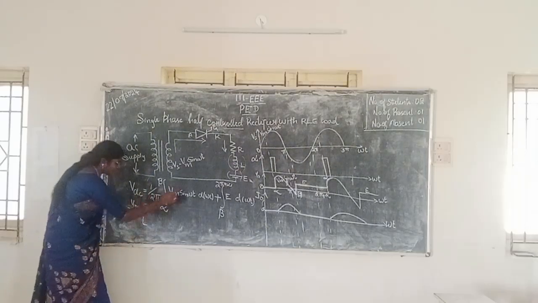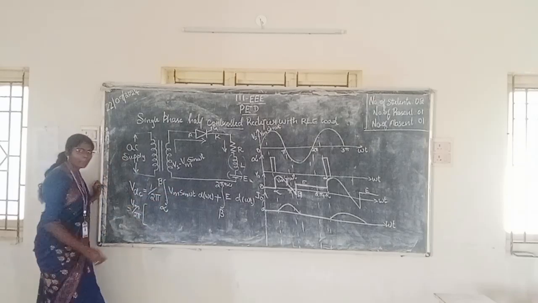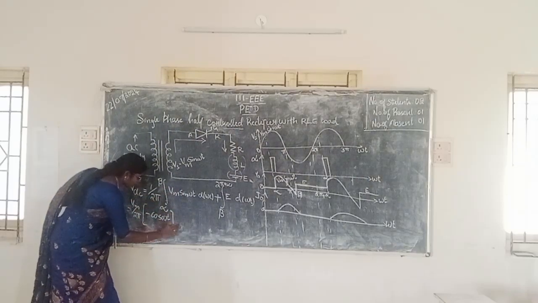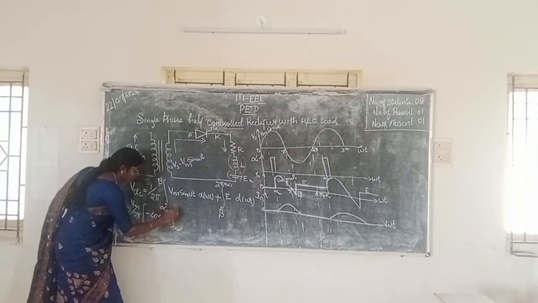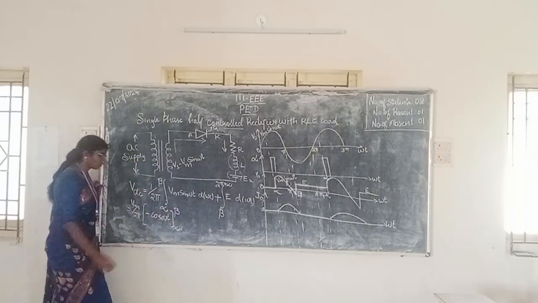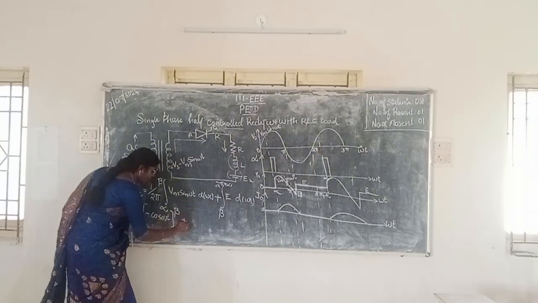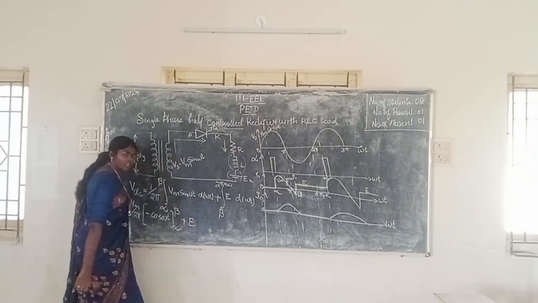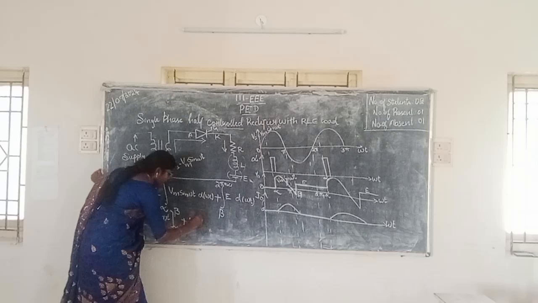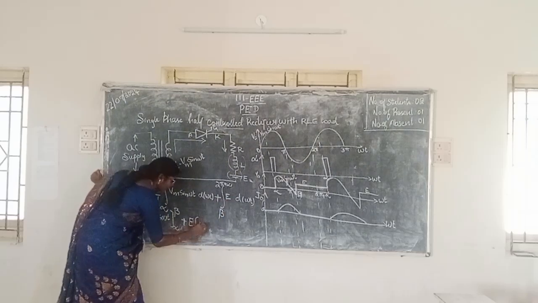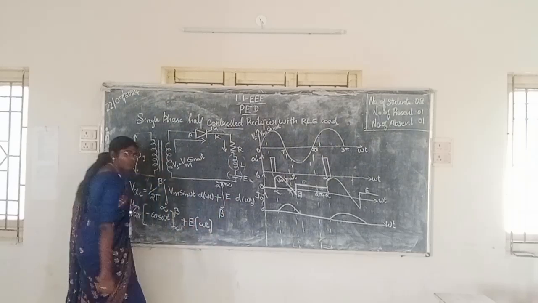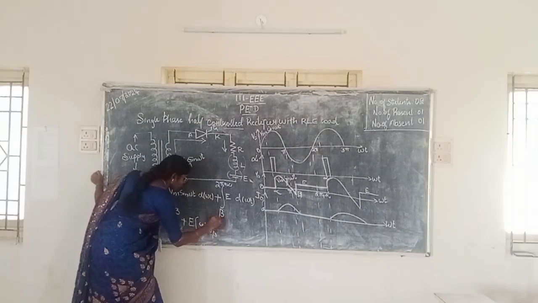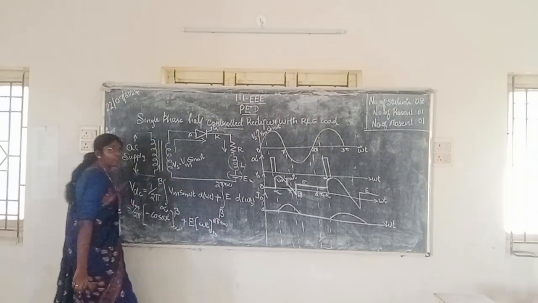If we integrate sin omega t, it is minus cos omega t, with limits from alpha to beta. Likewise plus, E is constant, so integrating gives omega t, with limits from beta to 2 pi plus alpha.